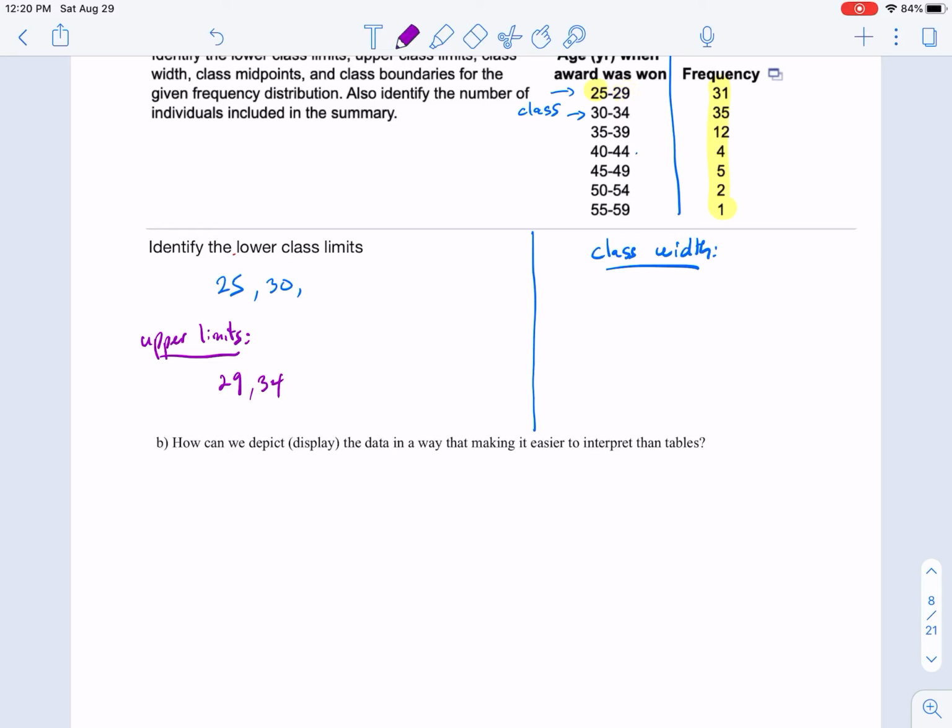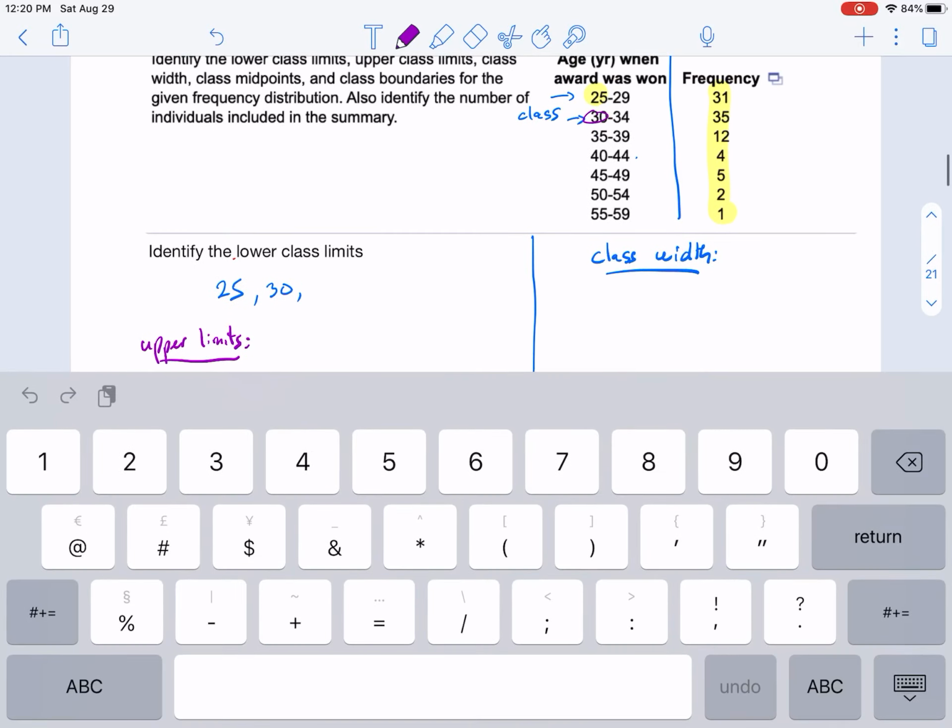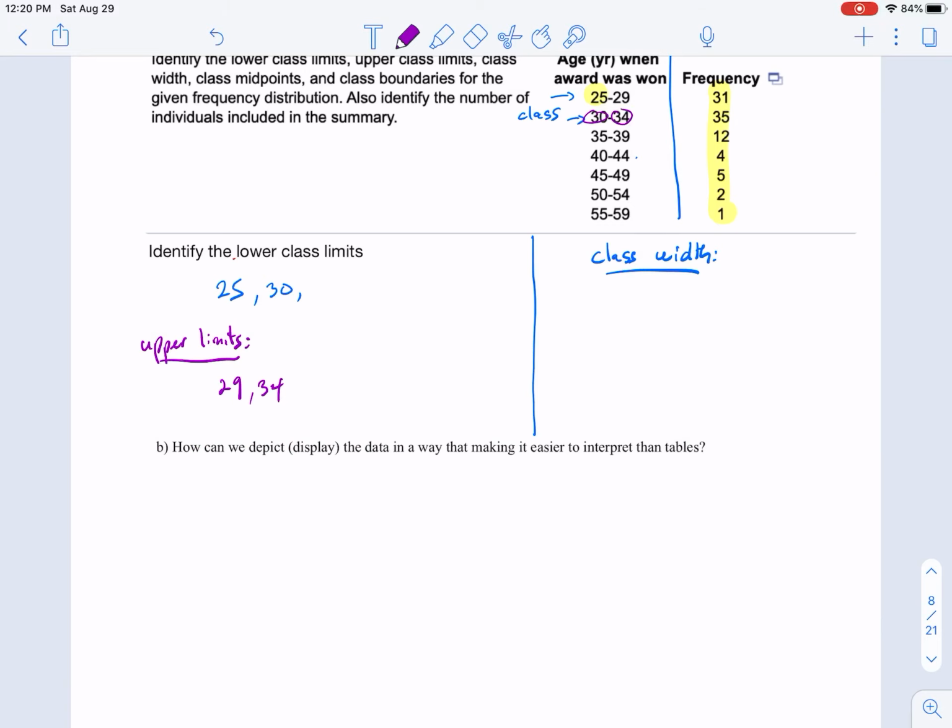The class width is just the difference between two consecutive lower limits or two consecutive upper limits. You see from 25 to 30, the class width in this case is 5, and consistently 29 to 34 is also 5. So the class width is 5. We can figure out the rest of the lower and upper class limits using the class width, by adding 5 to each of these numbers.